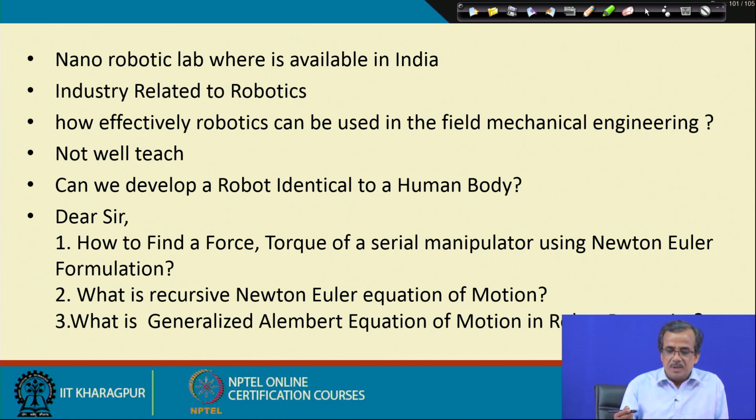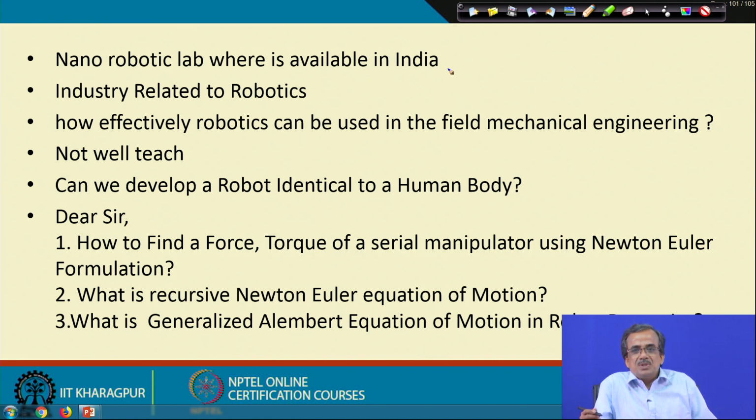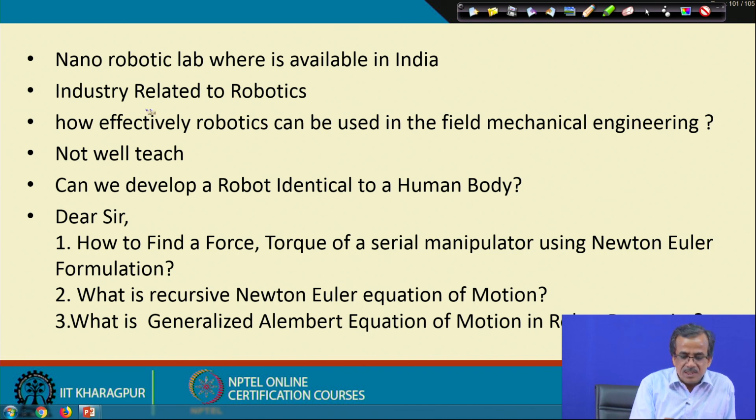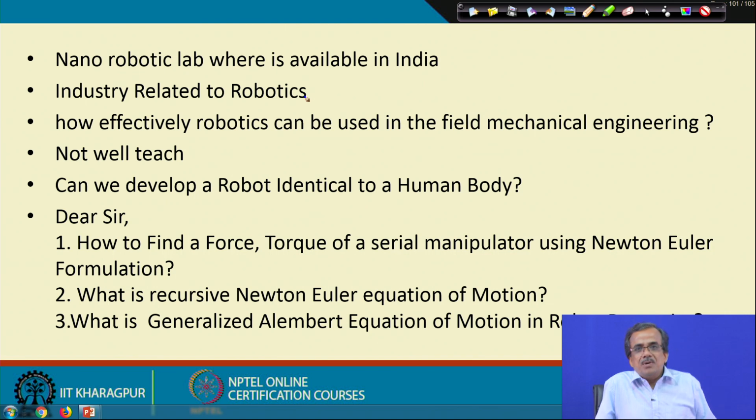Now, the next query is whether a nano robotics lab is available in India. So far as I can remember, there is no such very sophisticated nano robotics lab in India as of today. The next query is industry related to robotics. Nowadays many sophisticated manufacturing units use robots for different manufacturing processes, for example, as I have already mentioned, drilling, milling, grinding, pick and place, assembly.